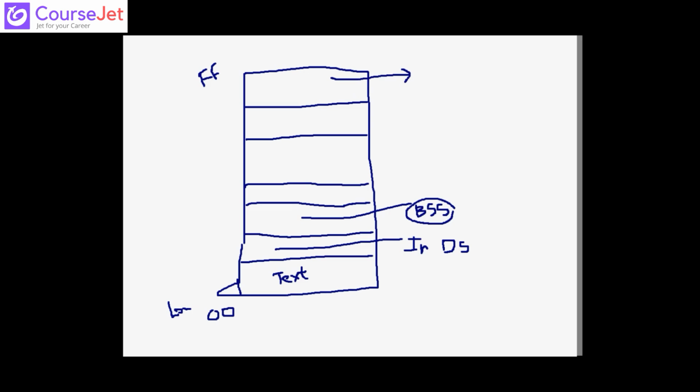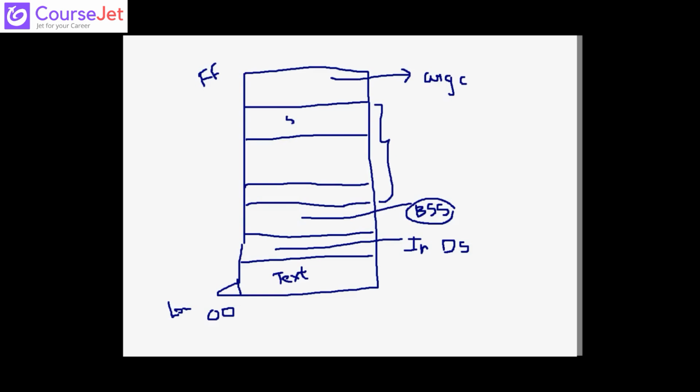Those arguments will be stored at this location. We will see this later. Here we will have something like argc and argv, and all these variables passed on the command line while executing the program will be stored in this section.